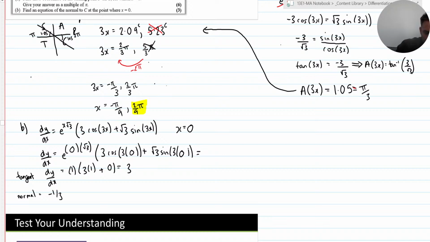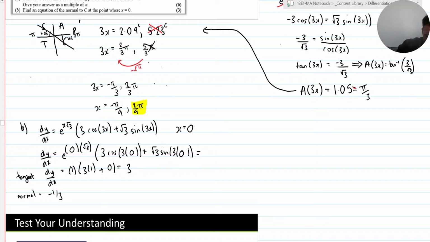Still not finished there, because that's the tangent, don't forget. And actually we want the normal. So the normal is going to be the negative reciprocal of this, which is going to be equal to -1/3. Let me just check that there. When x is equal to 0, what is y equal to? Well, y is equal to 0 as well. So in which case, we have actually finished this.